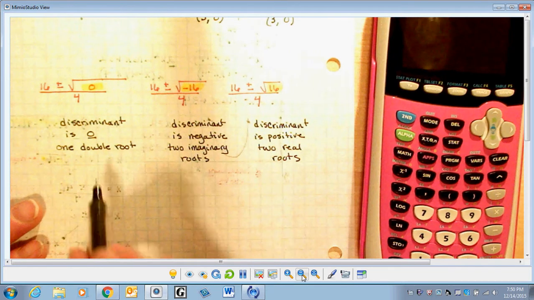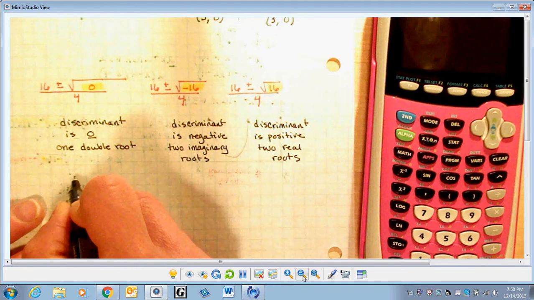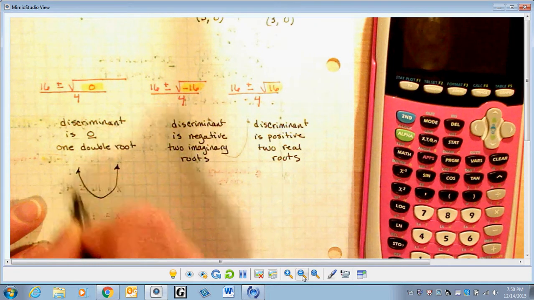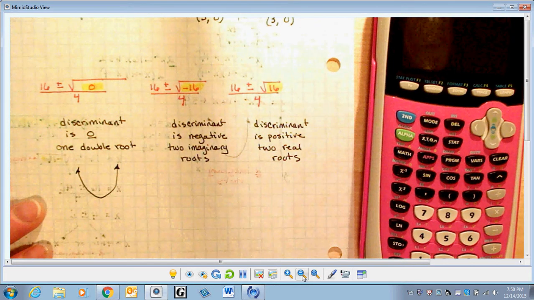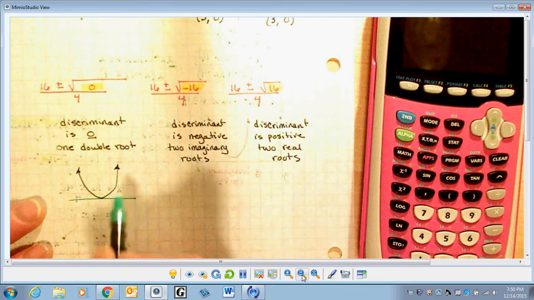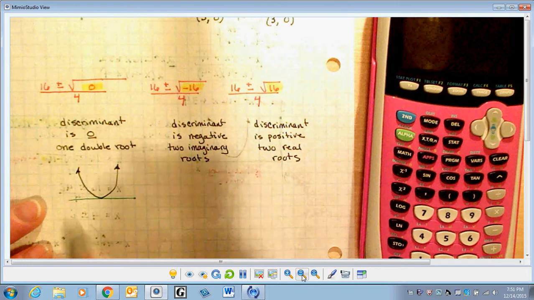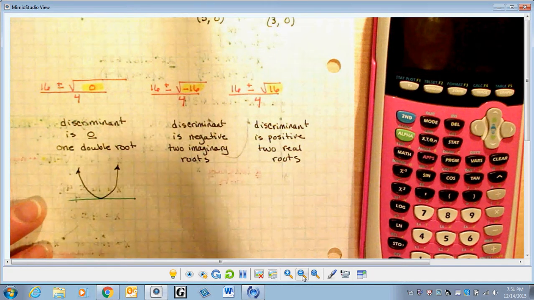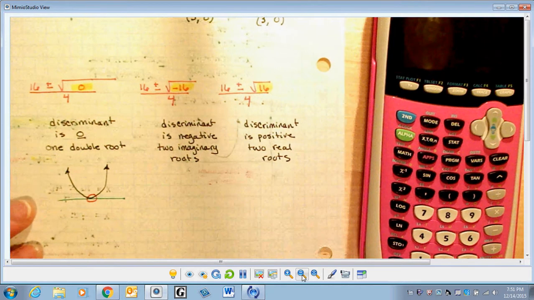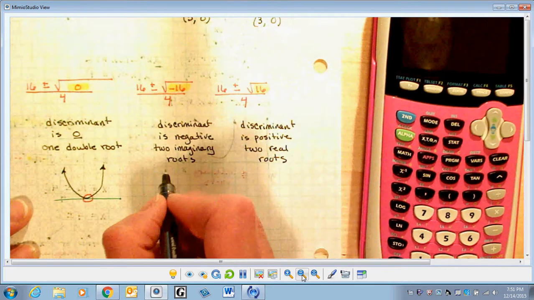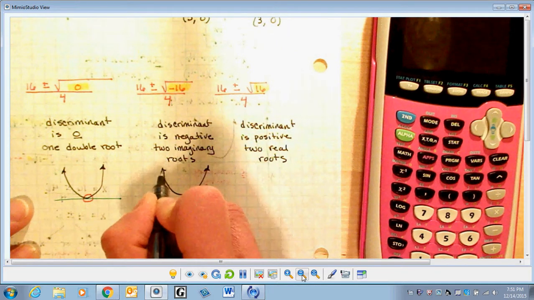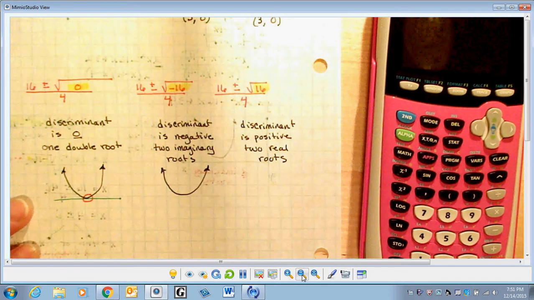The last thing I want to do here before we close is draw a quadratic here, and I'm going to put in the x-axis, and I'm going to circle here. That's my root. I have only one. Okay, and then on this one here, I'm going to draw in my parabola, and then I'm going to put in my x-axis.